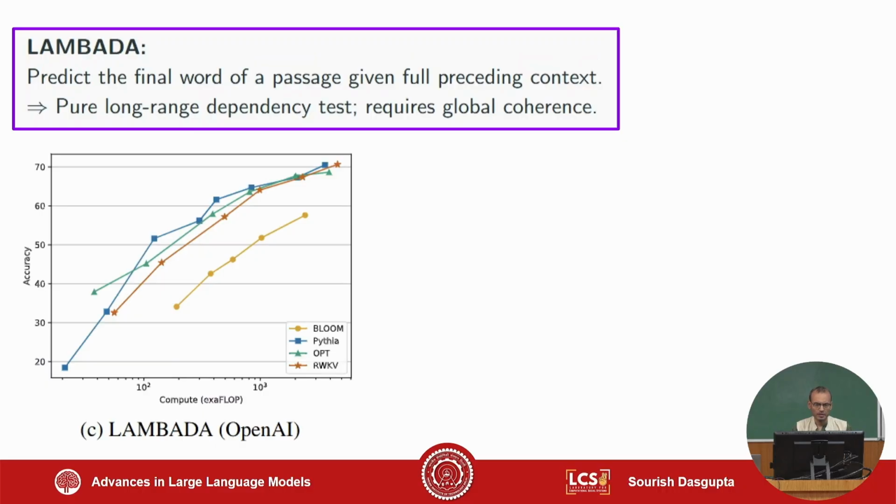The LAMBADA OpenAI challenge, which is predicting the final word of a passage given full preceding context, tries to check to what extent the model is sensitive to long range dependency, right? And over there also the model does pretty good in comparison, almost nearly as good as the other similar sized transformer based models.